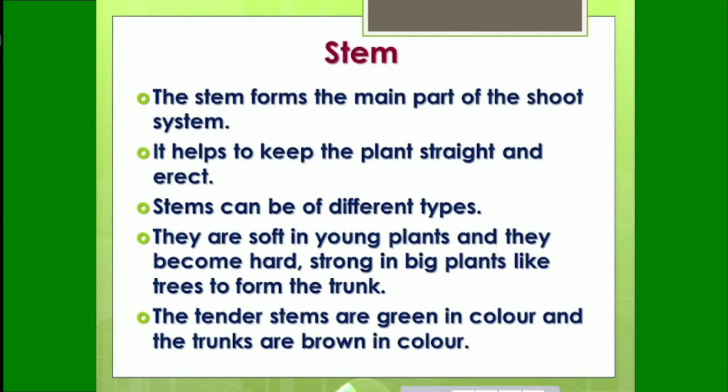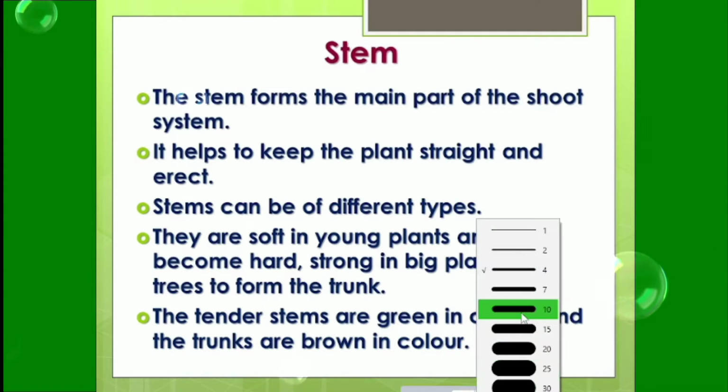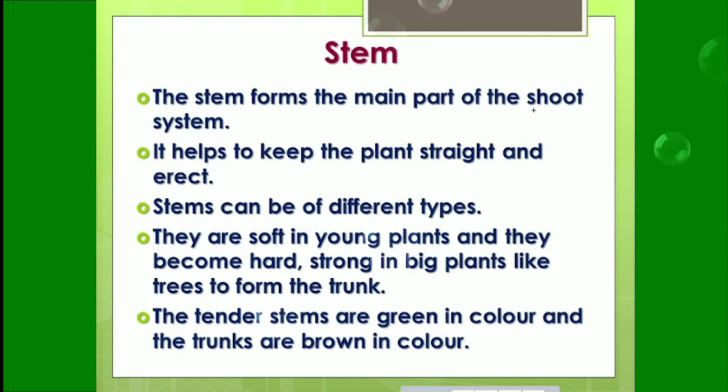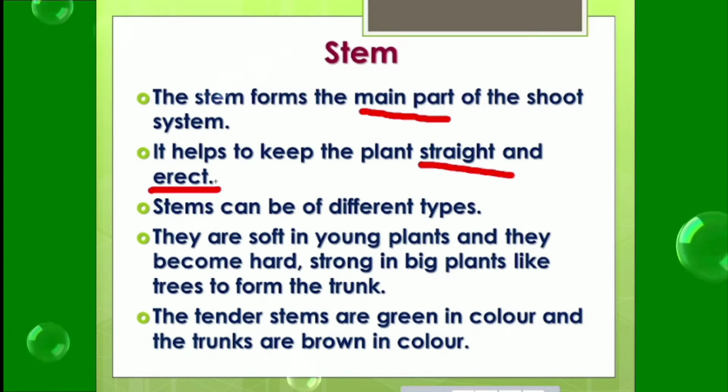As we know, the stem is one of the important parts of a plant. The stem is the main part of our shoot system, and it helps to keep the plant straight and erect. Dear students, imagine a plant or any tree without a stem.